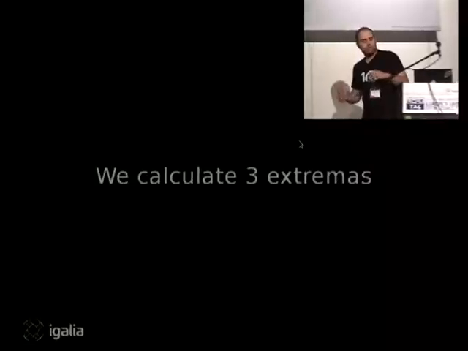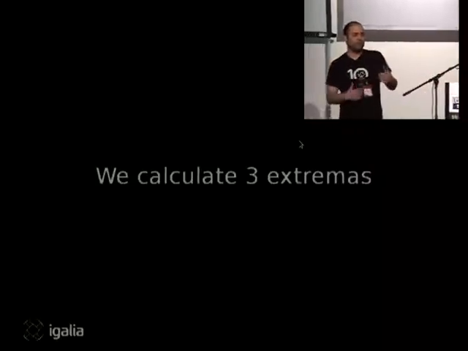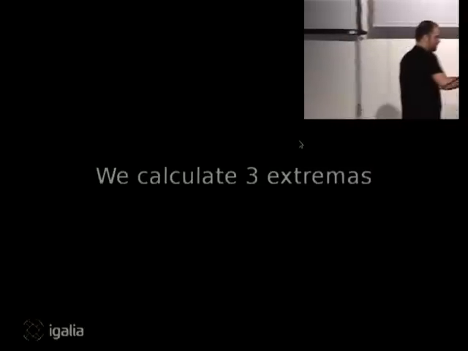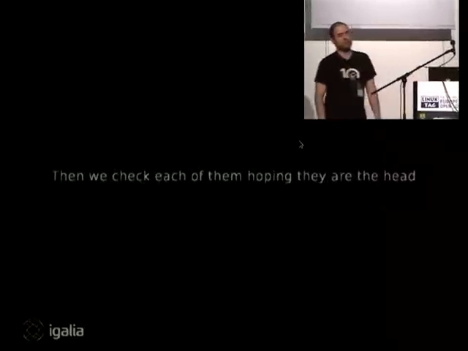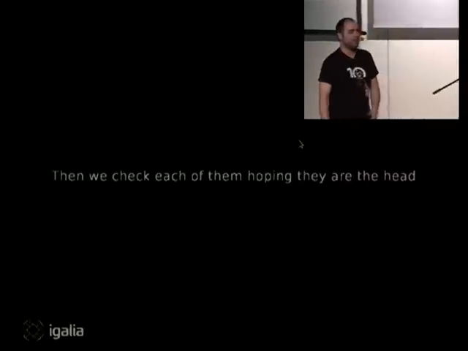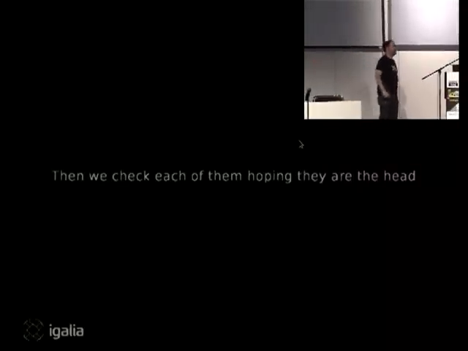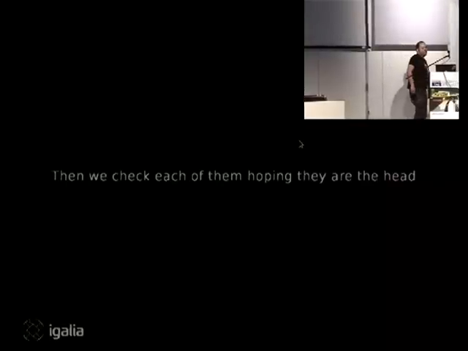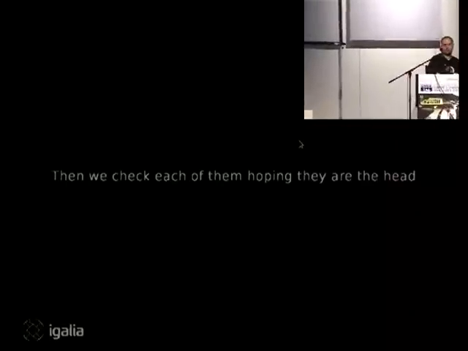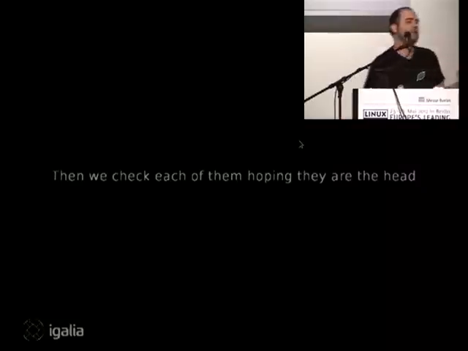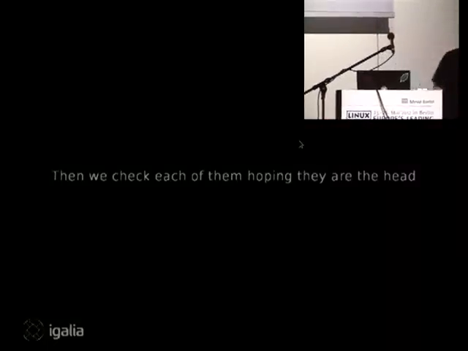So anyway, rewinding a bit, we do the algorithm to get the extremas, 3 extremas. Why 3? Because we are focusing on the upper body, and the upper body has 3 extremas, the head and both hands. So the next step to identify them is to check each of them and hope that they are the head.